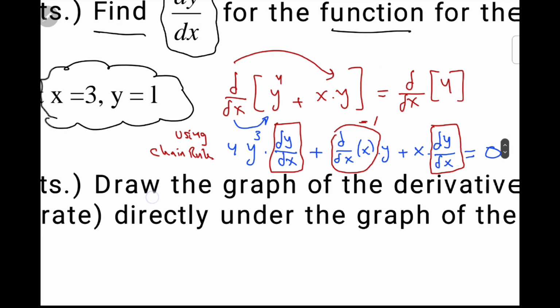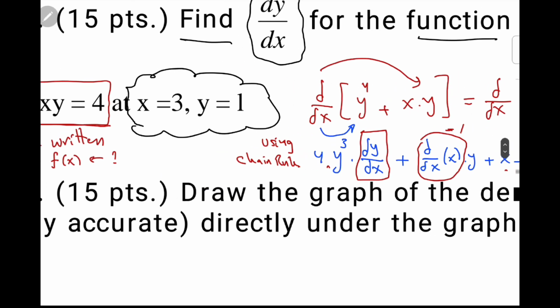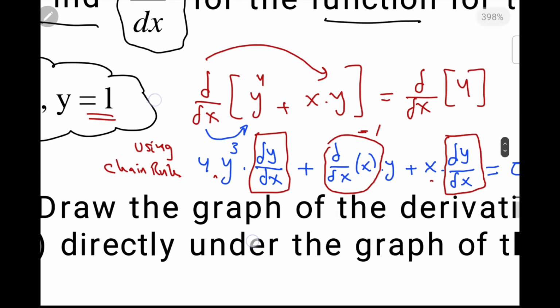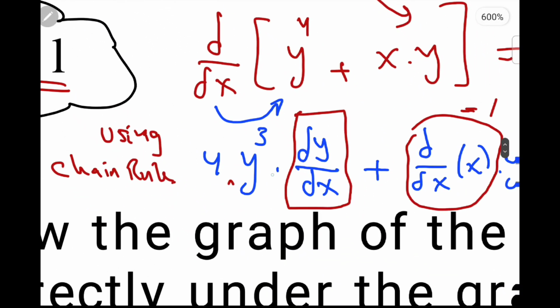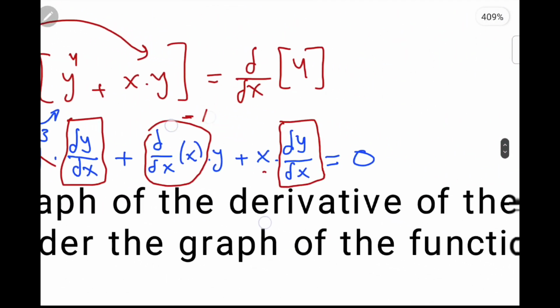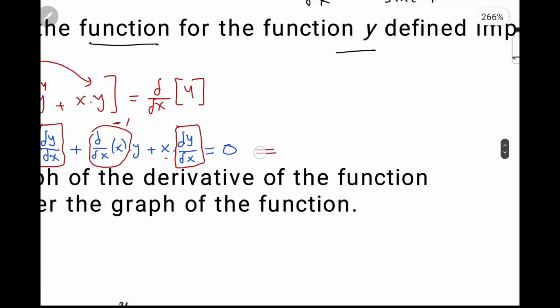So we need to plug in the values of y and x from here. x is 3, y is 1. If y is 1, then y cubed is 1. So the first term is 4 dy by dx.